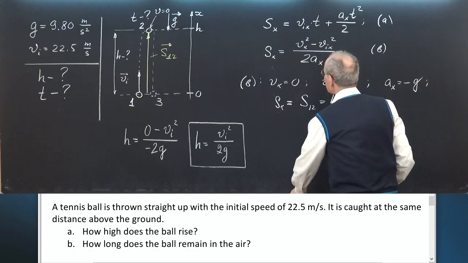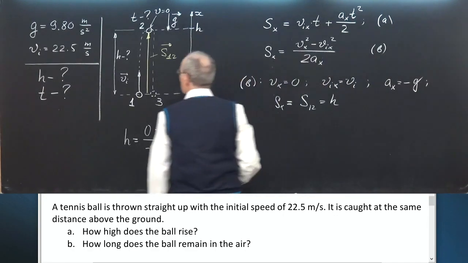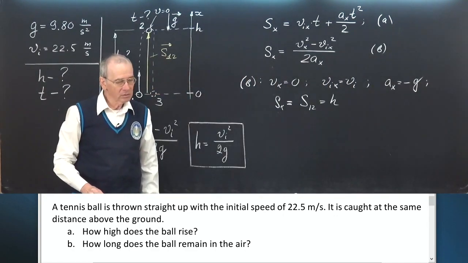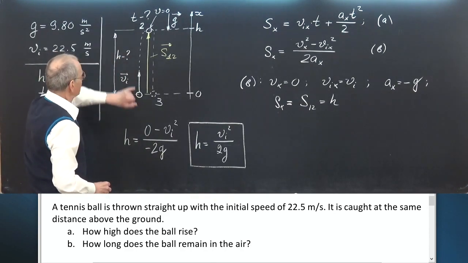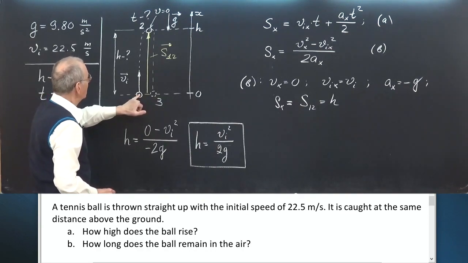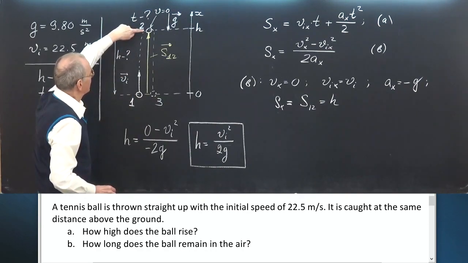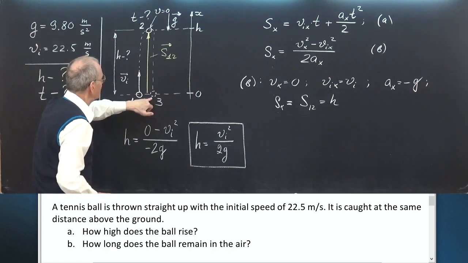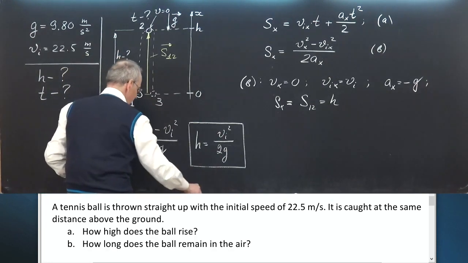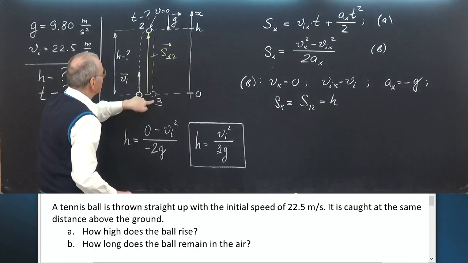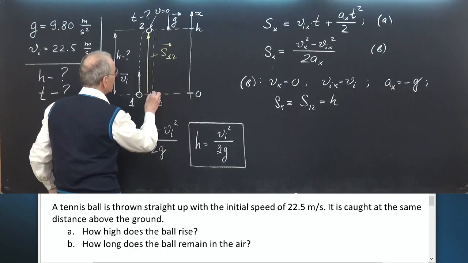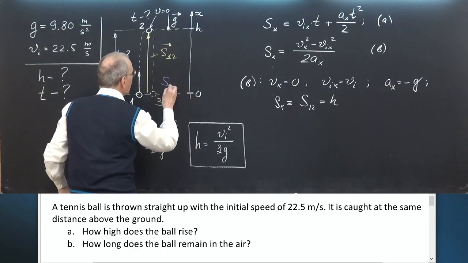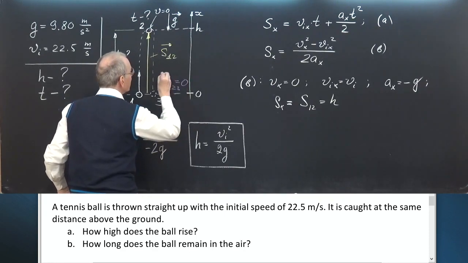The next, how long does the ball remain in the air? The starting point is 1, the second position is 2, the final position is 3. So the whole displacement from this point to this point, S1,2,3 equals 0.